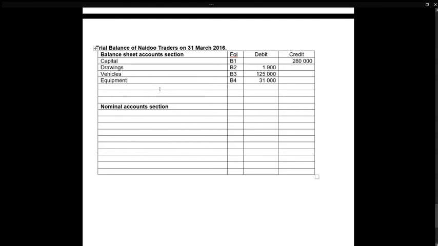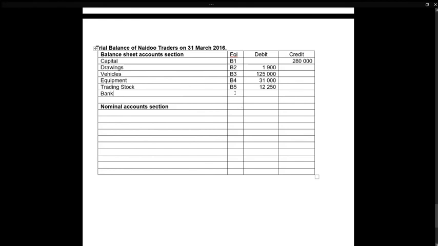Equipment, next one that we've done would have been trading stock. Trading stock was B5, and trading stock's an asset, will have a debit balance. Remember, we said that we're going to start 1st of April with 12,250 Rand. Then we will have bank.